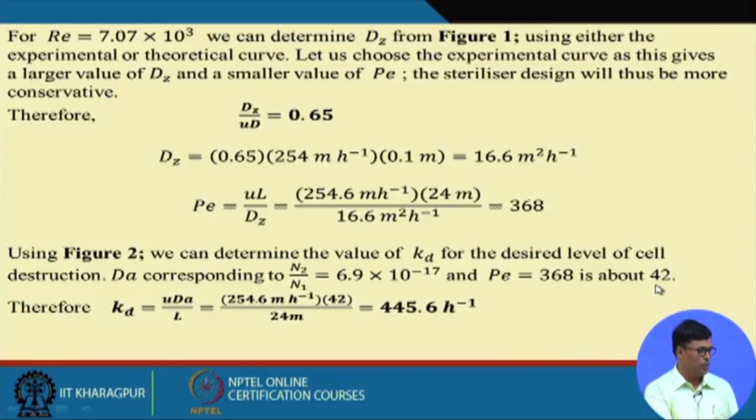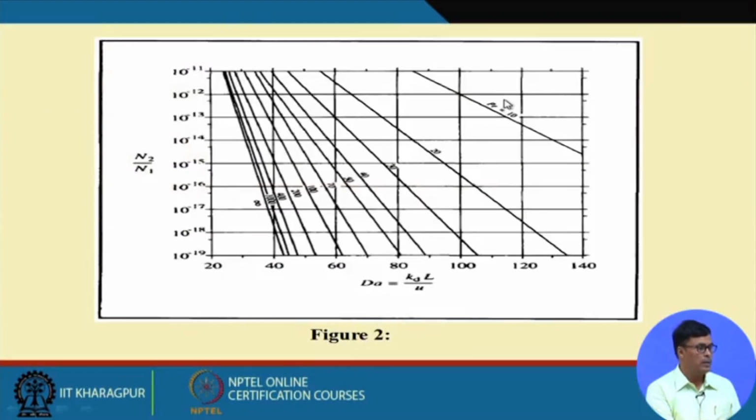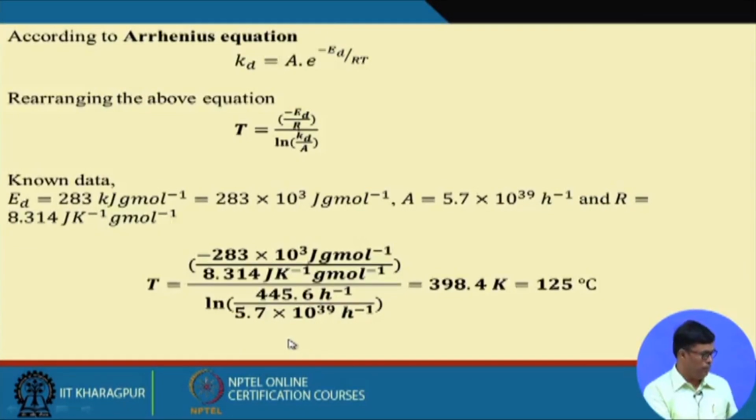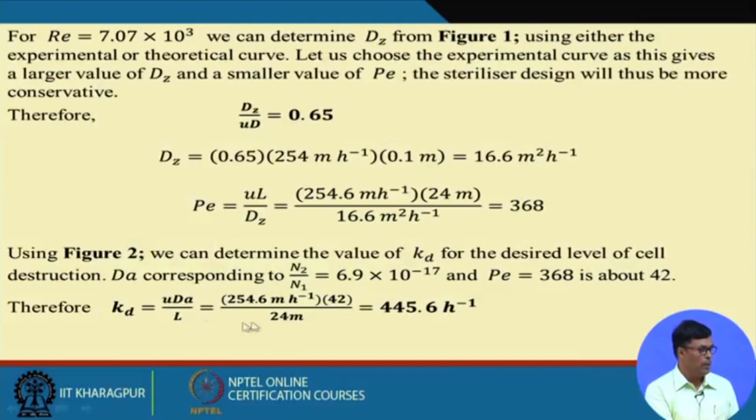These are different Peclet numbers: 10, 20, 30, 40, 50, 70. As your Peclet number changes, the curve becomes steeper and steeper. So we can find this value for 42.